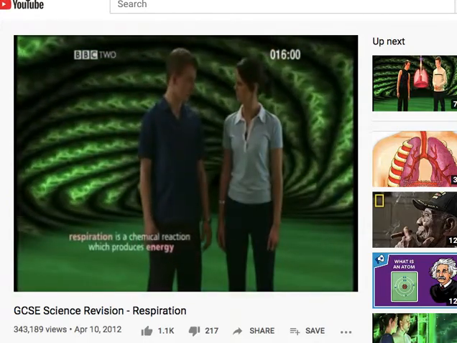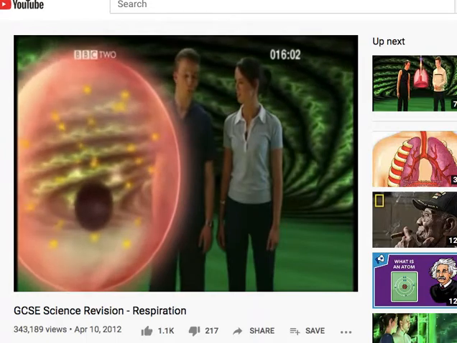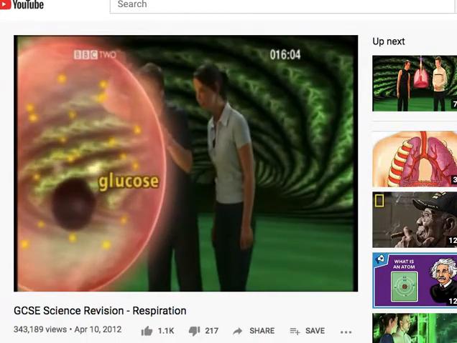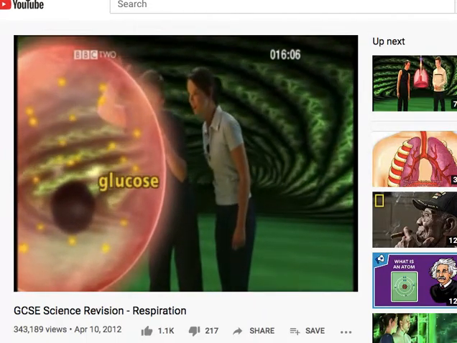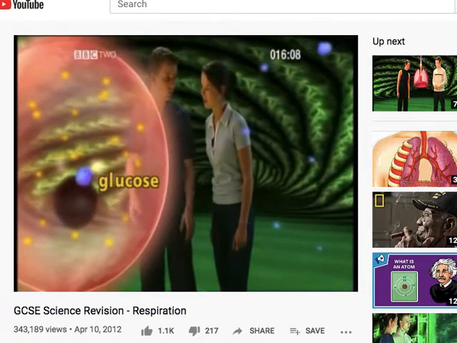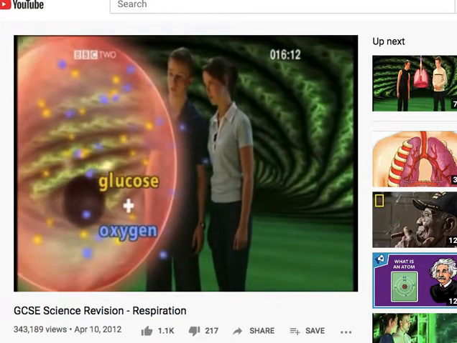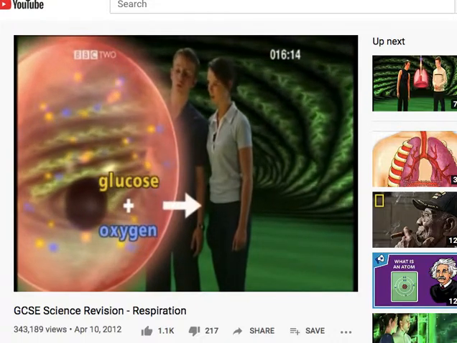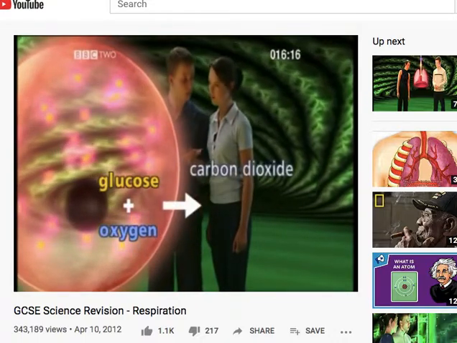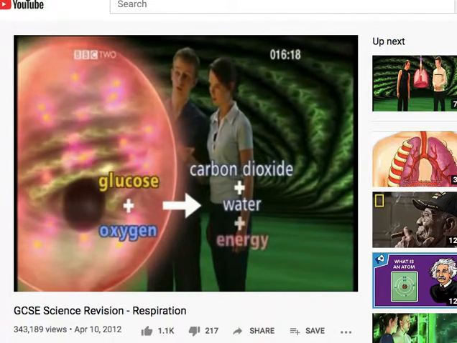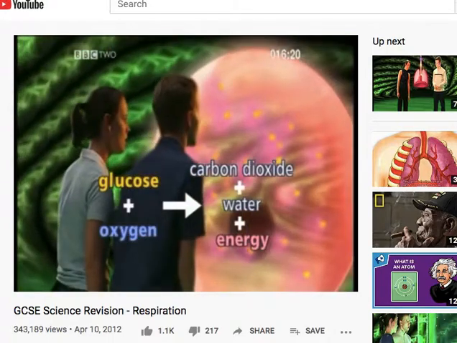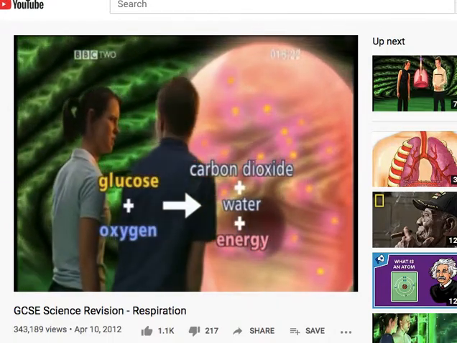Do you remember our animal cell? Well, it contains glucose, which is a very simple sugar. And we all know that when we breathe in air, oxygen gets into our cells. The oxygen and the glucose react together to produce carbon dioxide, water, and energy. Is that it? Yes.